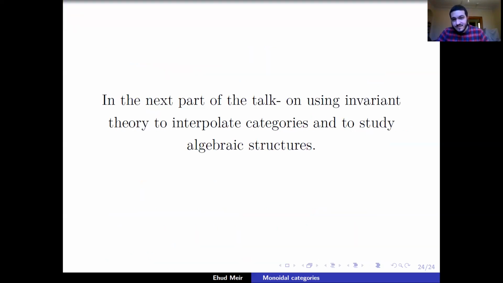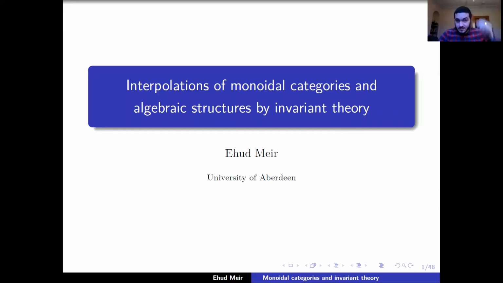Okay, so in the next part of the talk, I will tell you about using invariant theory to interpolate categories and to study algebraic structures. In this second half, I will talk more about my own work. The previous part was pretty much an introduction, especially to this theorem of Deligne. So now I will introduce some new things.